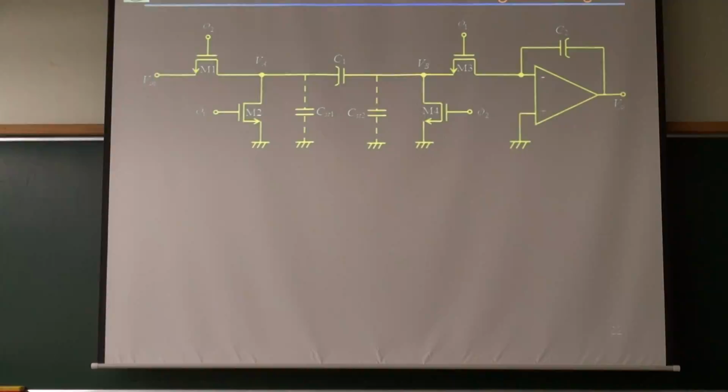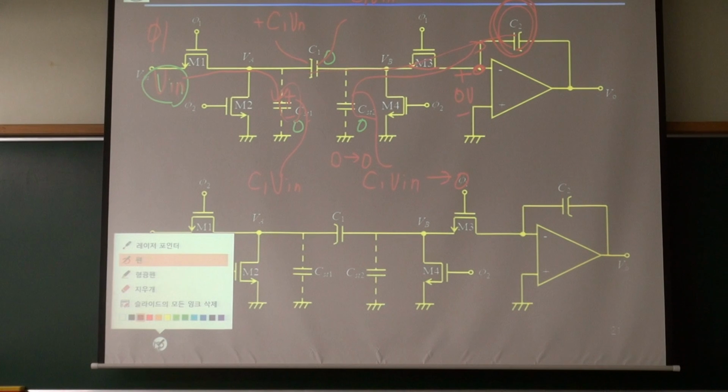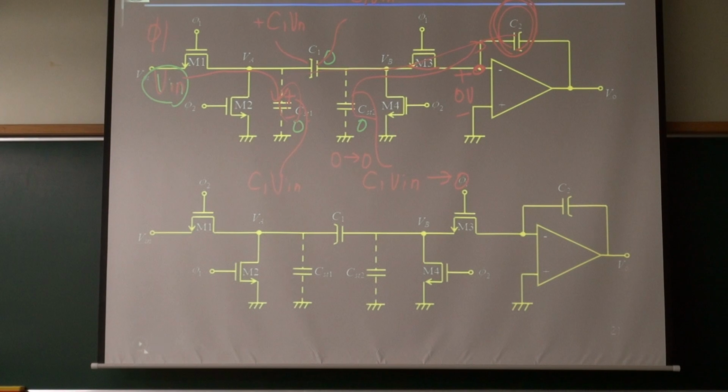Okay. So the previous one is the inverting switched capacitor integrator. This is the inverting version. Yeah, see, if I connect by one, by two that way, it is an inverting integrator.